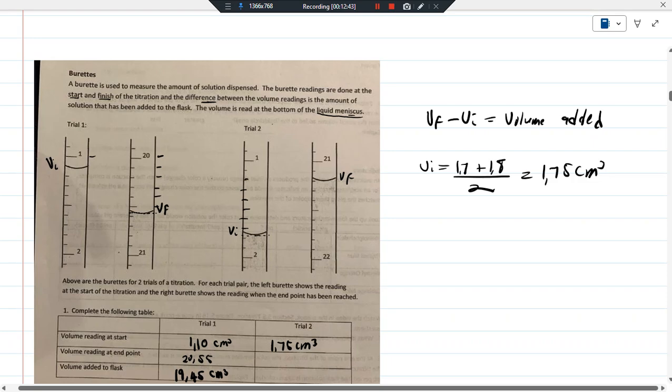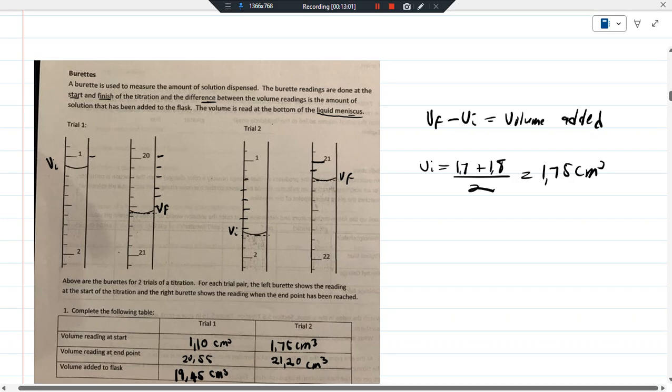Okay, V final, let's see V final. 21, 21.1, 21.2. Can you see it? I think it falls on 21.2. So we get 21.20 cubic centimeters.